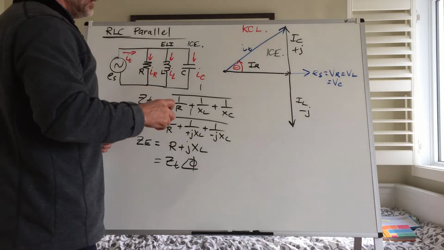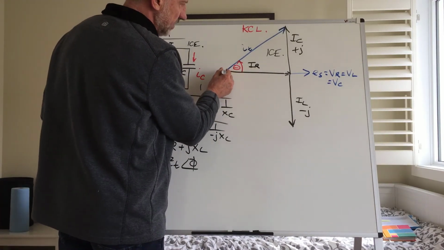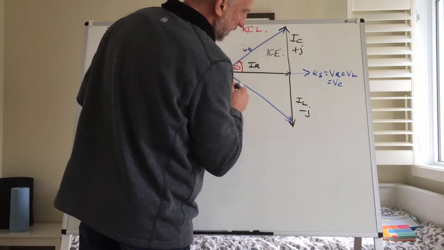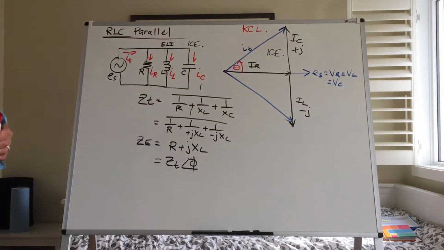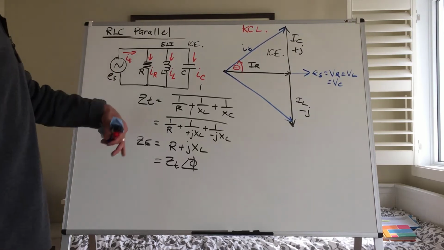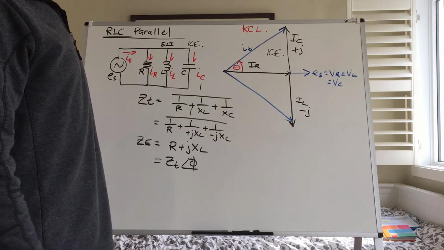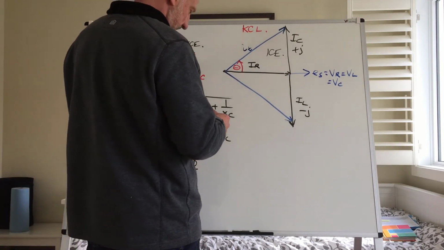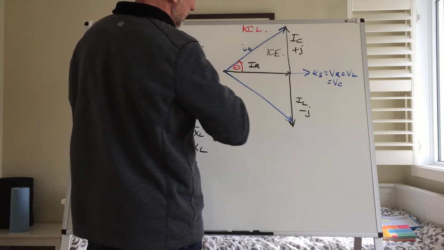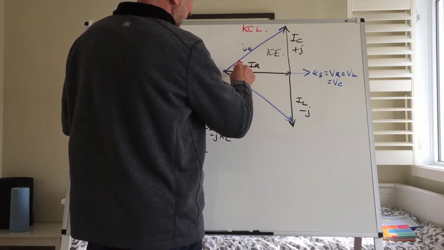If we look at the opposite condition, where we have IL greater than IC, that means our minus J component is going to be greater than our plus J component. That means our XL value is less than our XC value, giving us the greater current of the two. And we end up with a theta that's represented here.